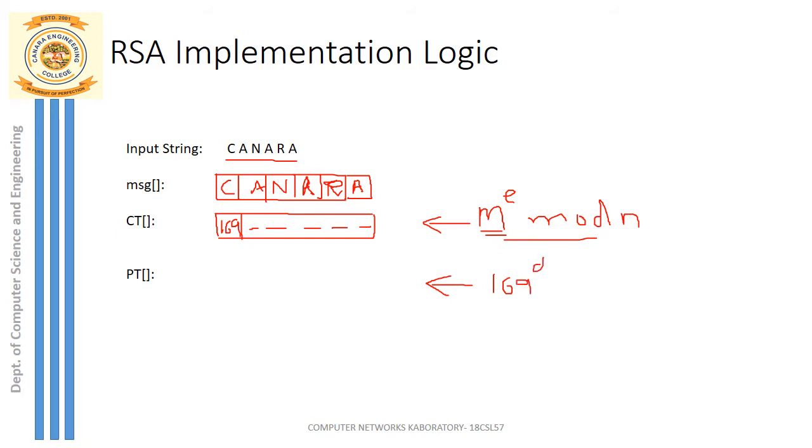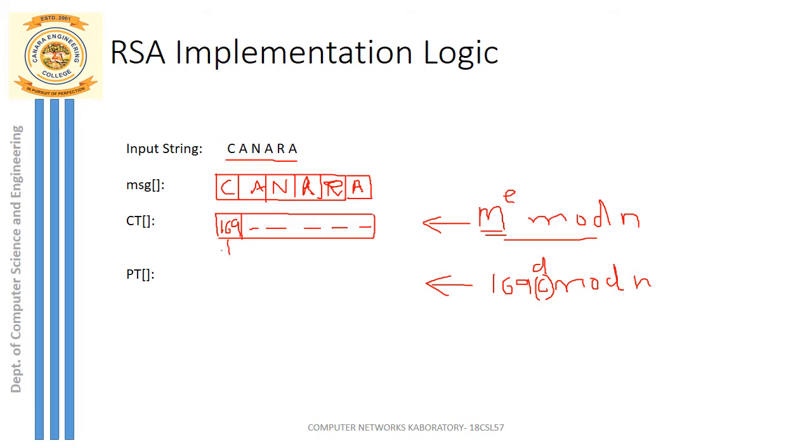So this is nothing but the formula for the decryption process. In place of 169, normally we take the ciphertext, so c to the power d mod n. Like that we take every element of the array and convert it into plain text.